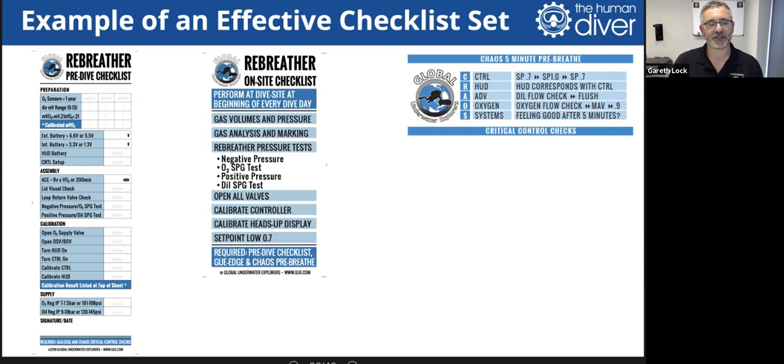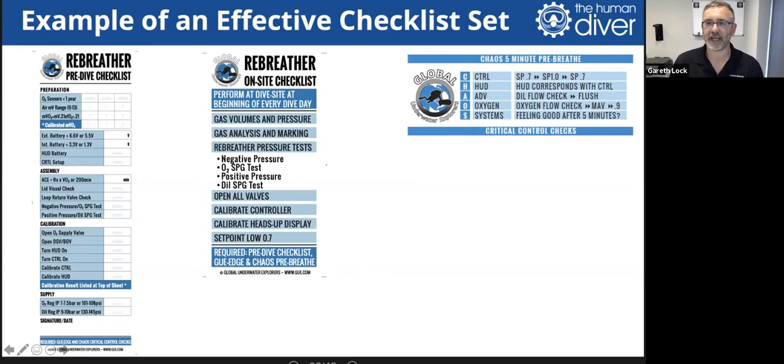So you prepare the checklist, then you get on the site, and then you do a final set of checks. We're looking at volumes, analysis, all of these things, make sure that they work. And then there is a final 5-minute pre-breathe check, which is about configuring the system, or checking that the system is actually working, that you move the set point from 0.7 to 1 to 0.7, and it responds as it should do.